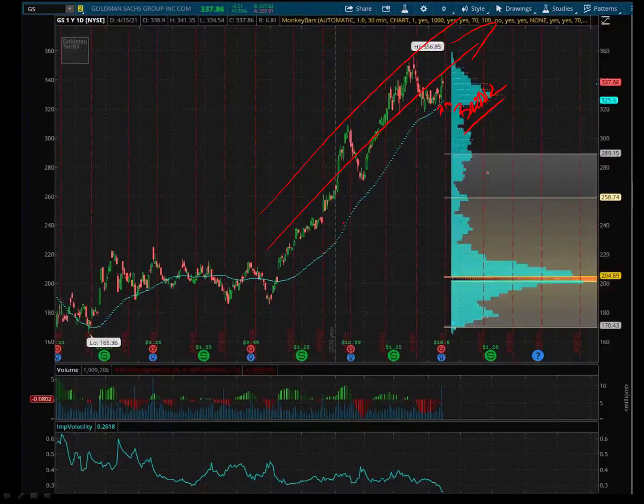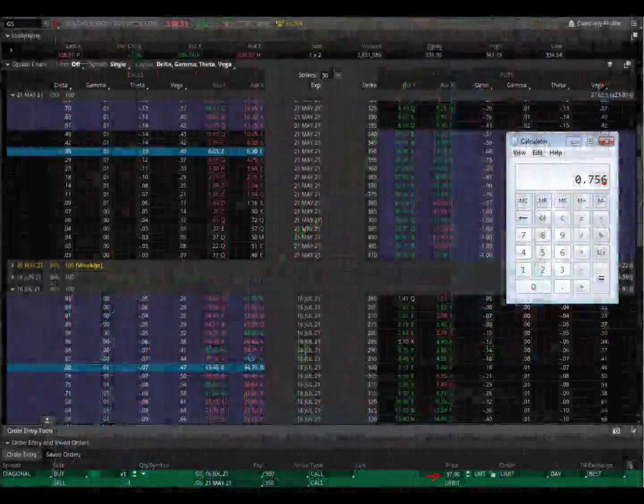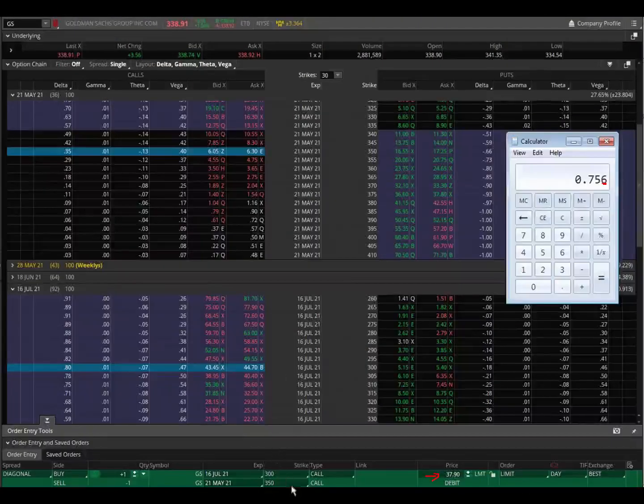So if my short strike in this strategy gets hit, I'm going to be getting out. As soon as it trades 350, that's my out to the upside. I mean, I can maybe make more money if I wait to the very last day, but then there's too many other risks, like assignment of my short call being in the money. So as soon as it trades 350, that's where my out is to the upside.